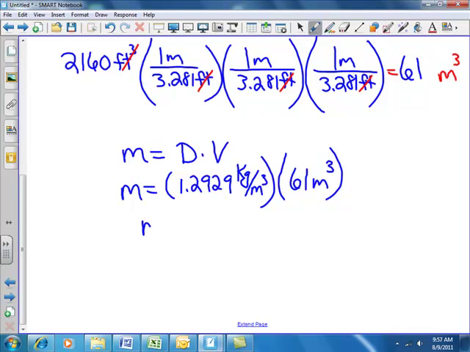Meters cubed cancels out, and that mass comes out to be 79 kilograms. So the rest of this worksheet is yours. Hopefully this will get you started.